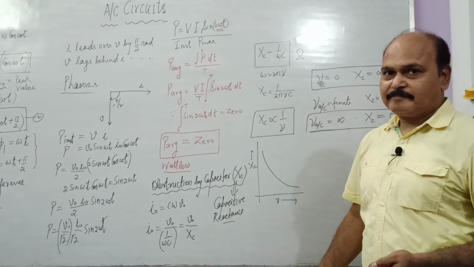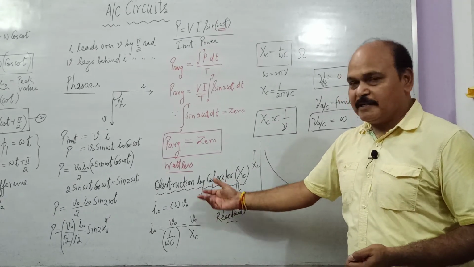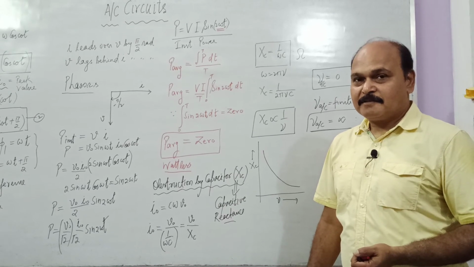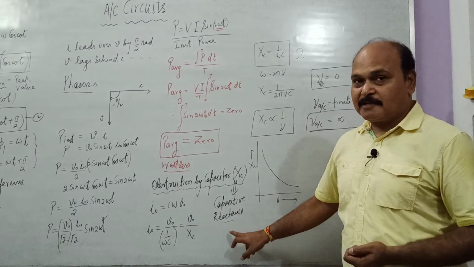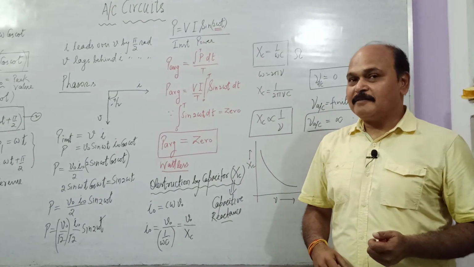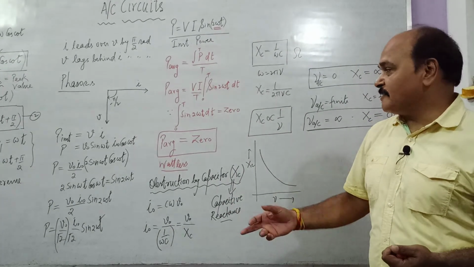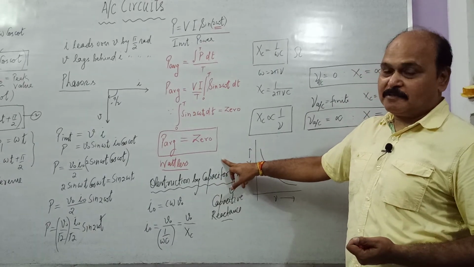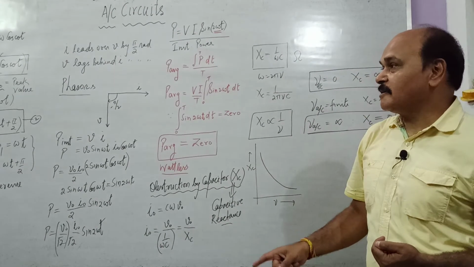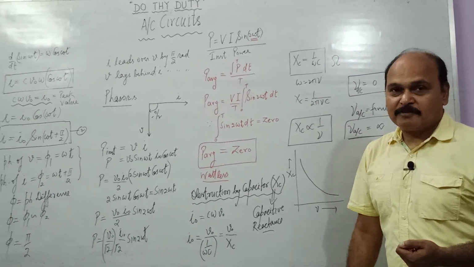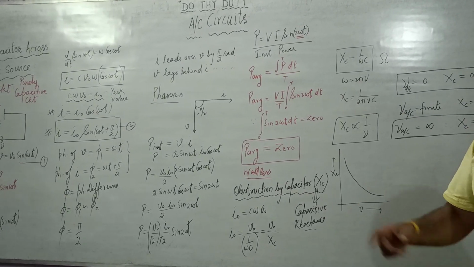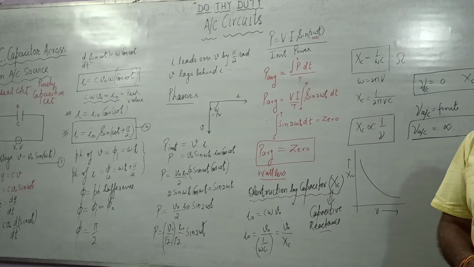We can double it by changing the value of C, the capacitance of capacitor. In the process, we can reduce the current to half, but there is going to be no power consumption. So without any power consumption, we can use this capacitor across an AC source, and this is something very, very revolutionary about this device in AC circuit.